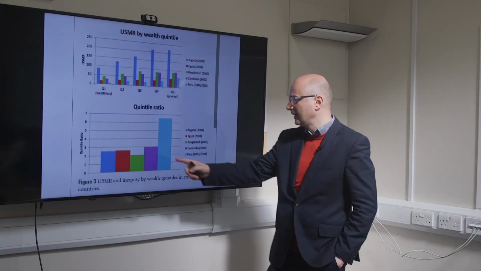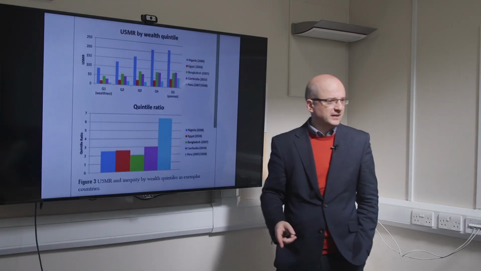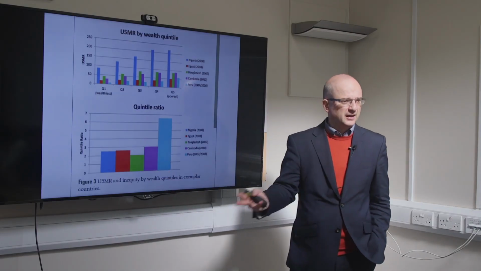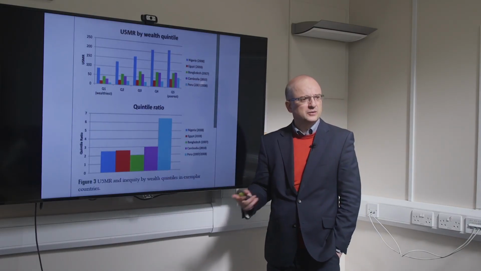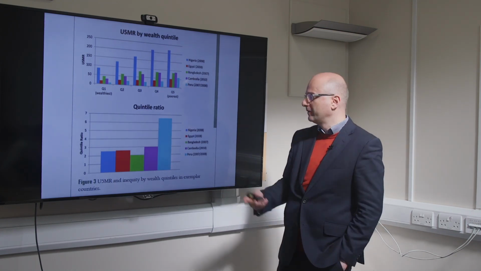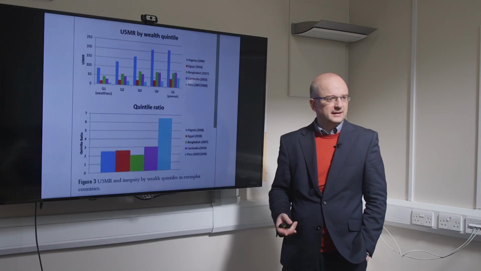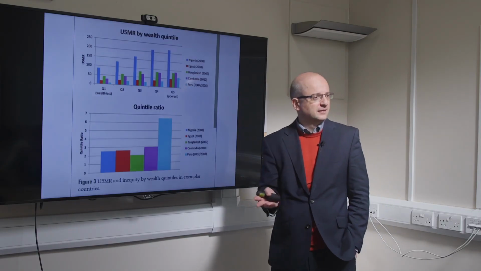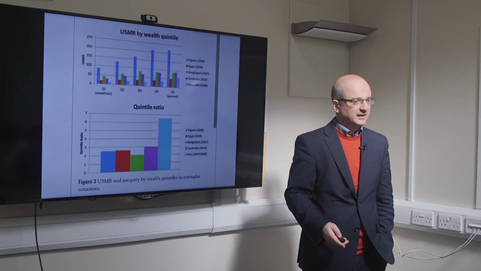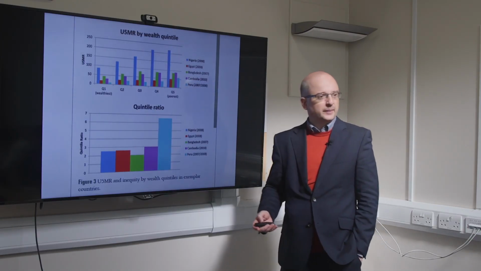They're all inequitable clearly, but the best is Bangladesh. A child in the poorest quintile has only 2 times bigger chance of dying before the 5th birthday than the child in the wealthiest quintile. That's terrible, but it's not as terrible as Peru, where it's 6.5 times. That is a really terrible level of inequity.